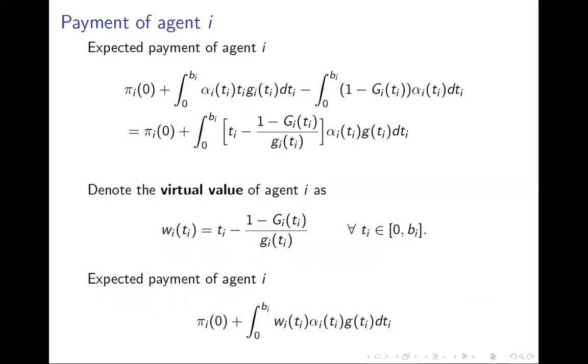You will see these things happening as a consequence of optimization. So you need to be careful in awarding the object to agents whose virtual value is negative, because even though the value is always positive, the virtual values can be negative. The expected revenue depends not on the value, but on the virtual value. That's all it is saying at this point.